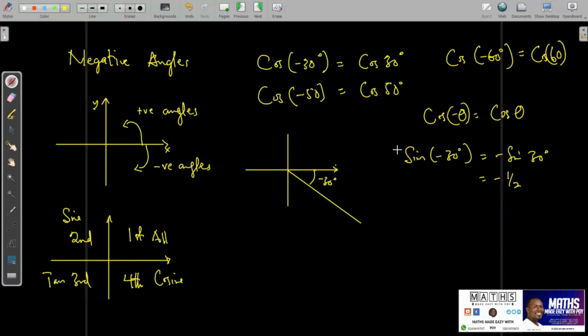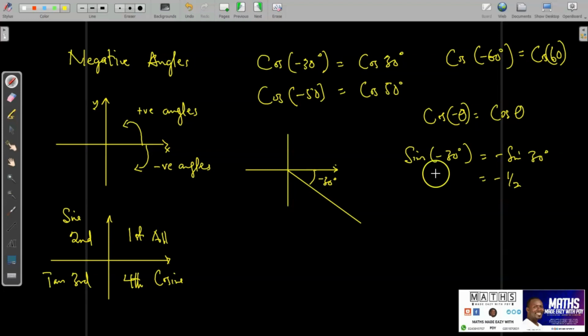If you find sine of it, it becomes negative altogether. So sine of negative 30 degrees is the same answer as negative sine 30. I believe you can program your calculator to confirm it. Please, I hope you are all with me.